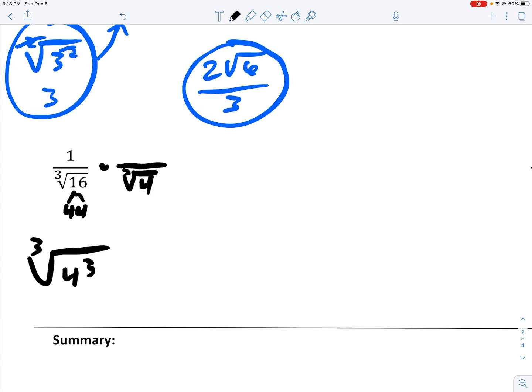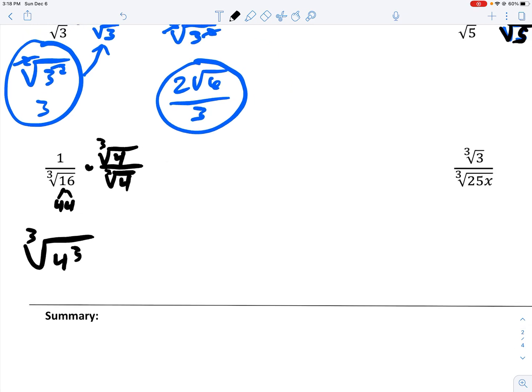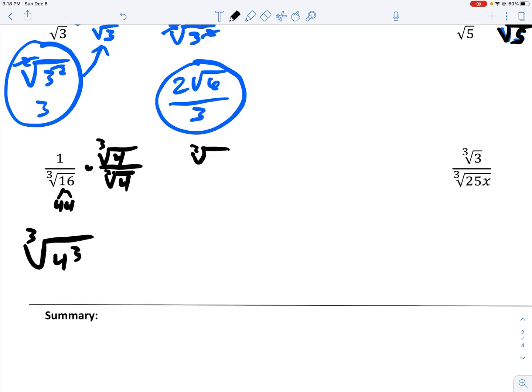So it has to be a cube root of 4. And the numerator has to be the same value because you need to multiply by 1. So you just change the way the fraction looks. So this gives me the cube root of 4. On the bottom, the cube root of 4 cubed. Those reduce. So it's the cube root of 4 over 4.